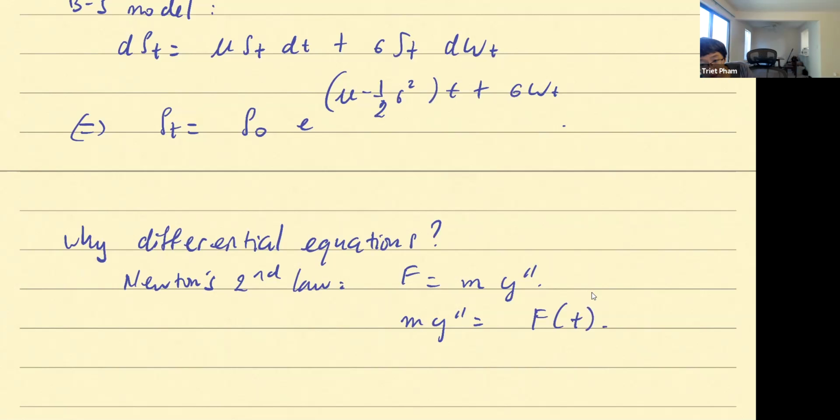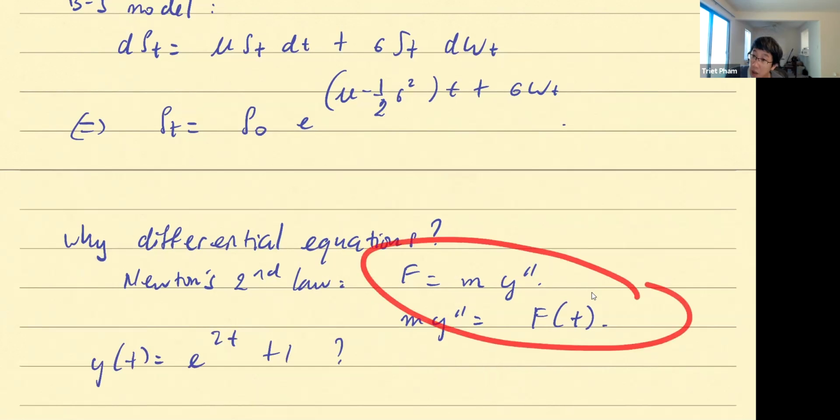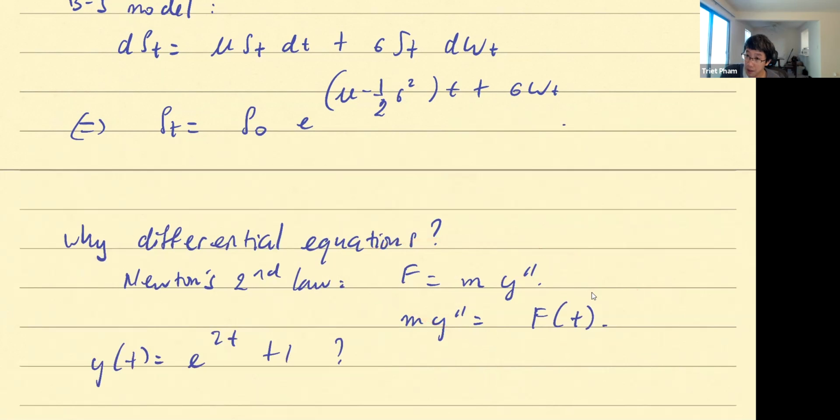So why not, let's say, describe things as a function? Why not, let's say, y of t is e to 2t plus 1 or something? Why bother doing something like this? The answer is that phenomena in life, the way we model things, the way we observe things, is through change and not through its explicit value.